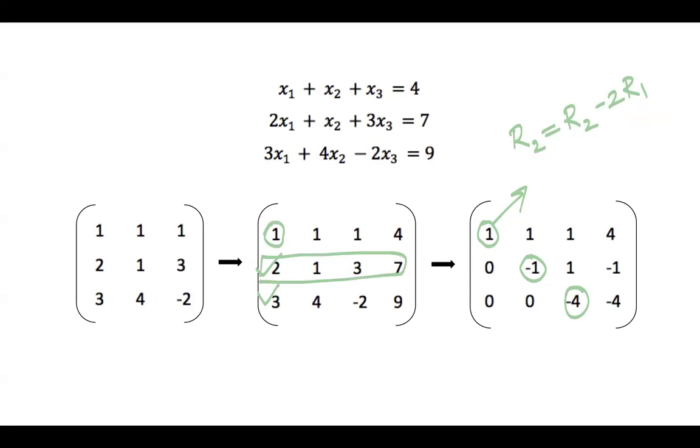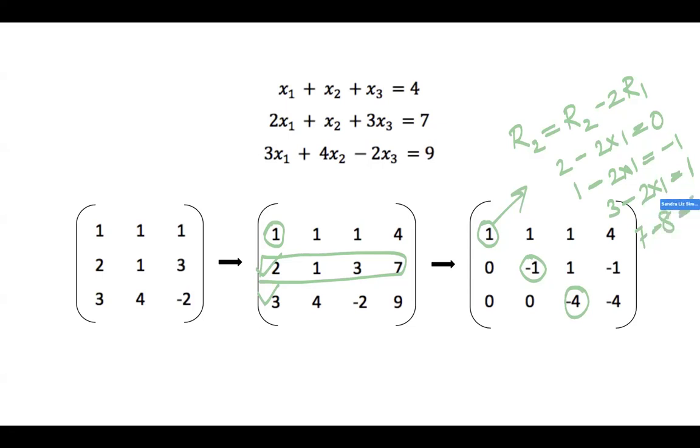So that will be 2 minus 2 multiplied by 1, that is 0. 1 minus 2 multiplied by 1, that is minus 1. 3 minus 2 multiplied by 1, that is plus 1. And 7 minus 2 multiplied by 4, that is minus 1.